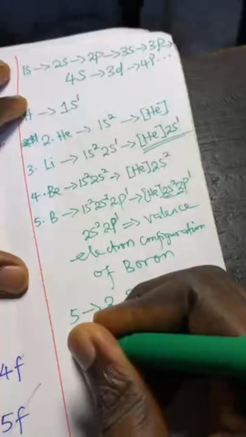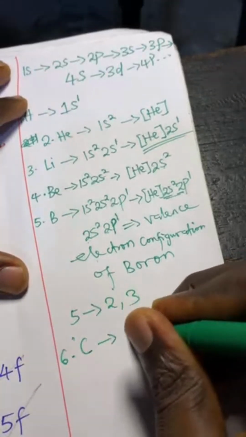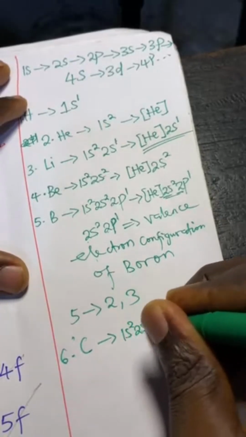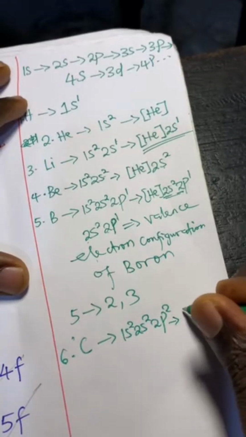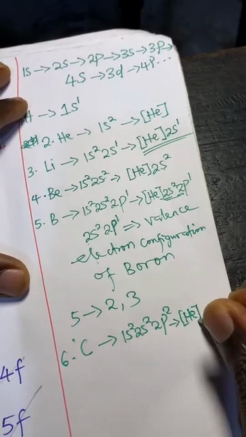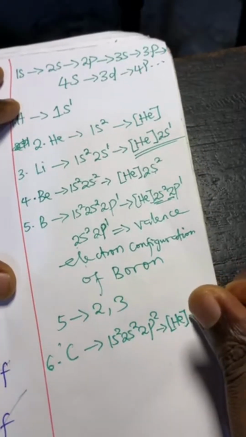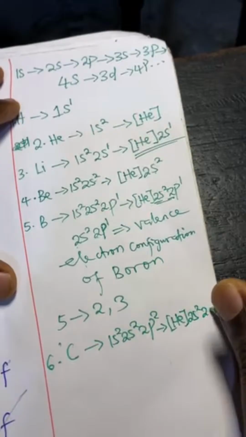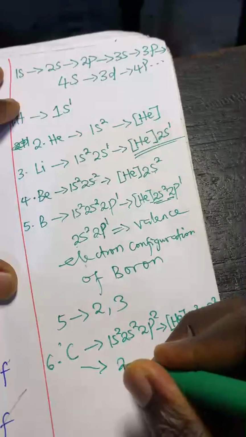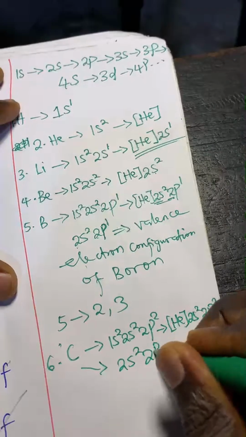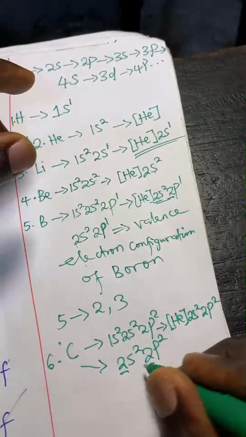Now, if you go to number 6, which is carbon, what do you need to know there? You have 1s2, 2s2, and 2p2. Now, let me shock you. This is going to be helium, because that is the noble gas that we have encountered so far. It becomes 2s2 and 2p2. The valence electron configuration of carbon is 2s2, 2p2. This number shows the period.